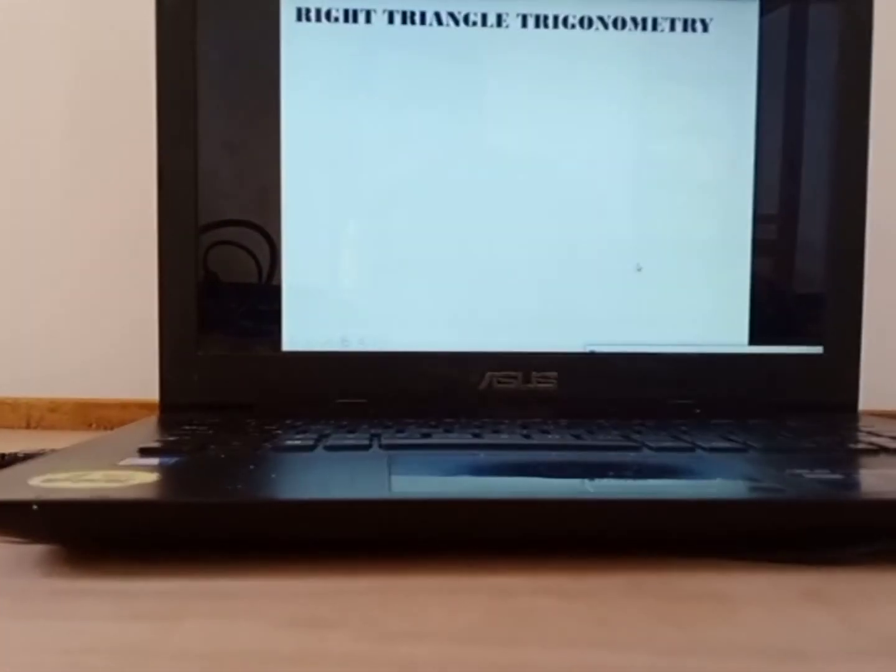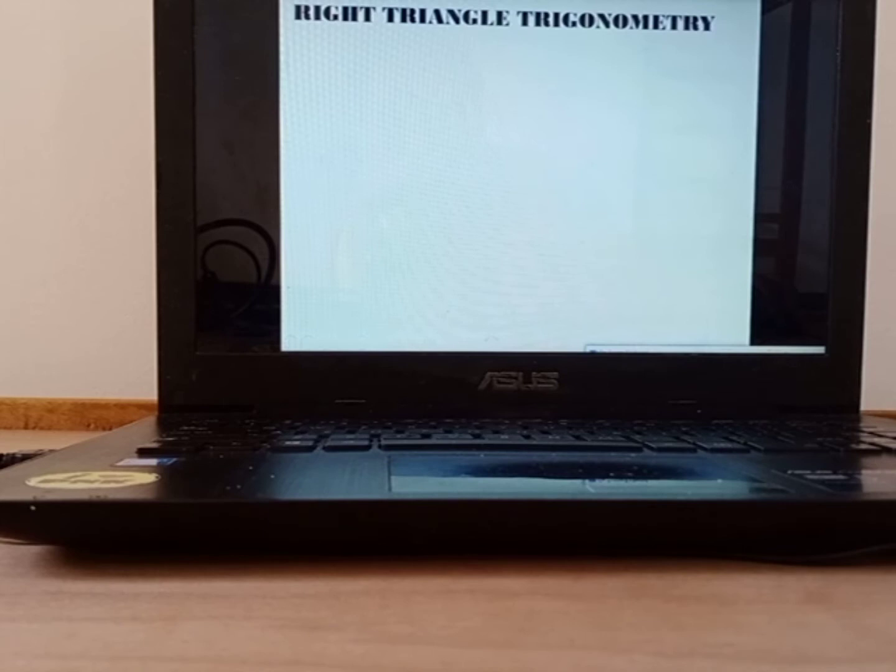We have right triangle trigonometry. So if this is our right angle, class, this is our angle theta. This is our right angle, which measures 90 degrees. So let's identify where is our opposite, our adjacent, and our hypotenuse.